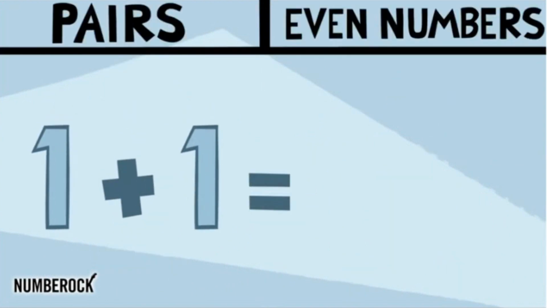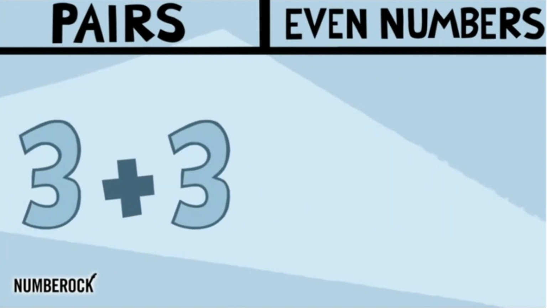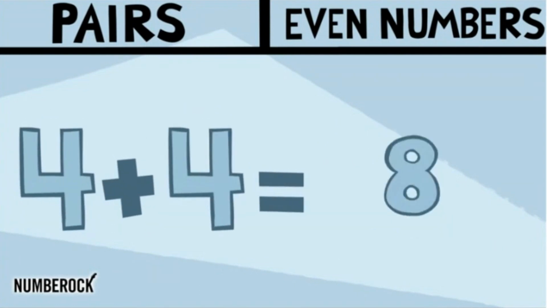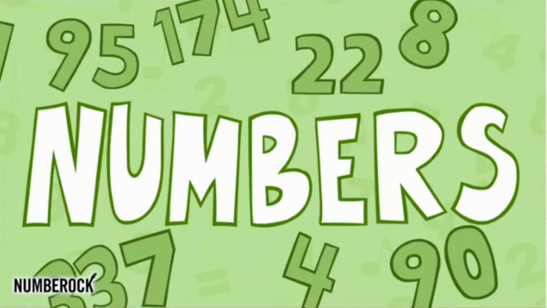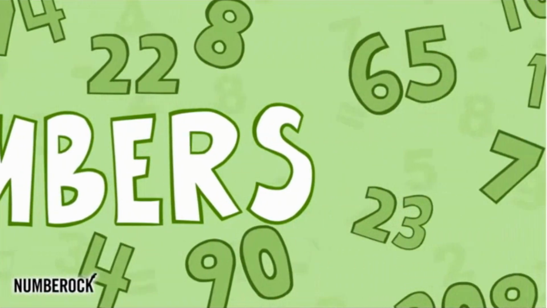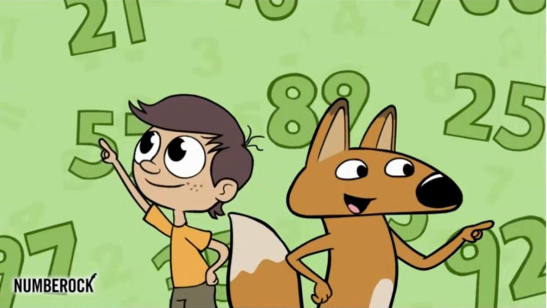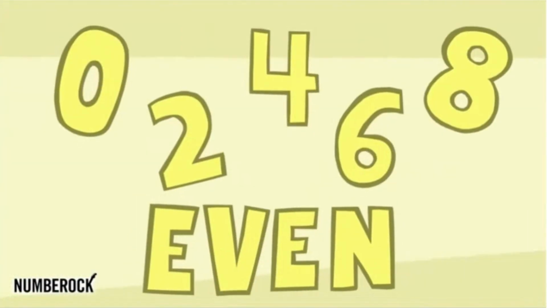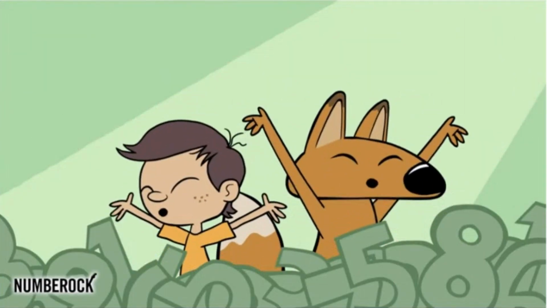'Cause 1 plus 1 equals 2, and 2 plus 2 makes 4, it's true. Then 3 plus 3 equals 6, and 4 plus 4 makes 8 big sticks. Numbers big and small, today we're gonna count them all. Some are even, some are odd. Won't you join our counting squad?"